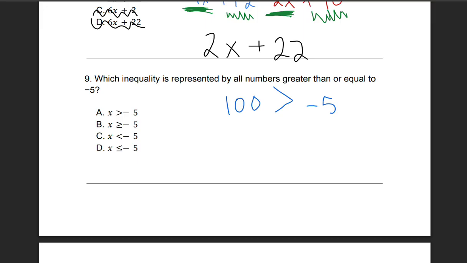Now that or equal to is represented in inequality signs by putting a line underneath. Think of it as half of the equal sign. Well, we just need to find what has it facing this specific direction away from the -5 towards whatever number it would be with the line underneath. Answer is B.